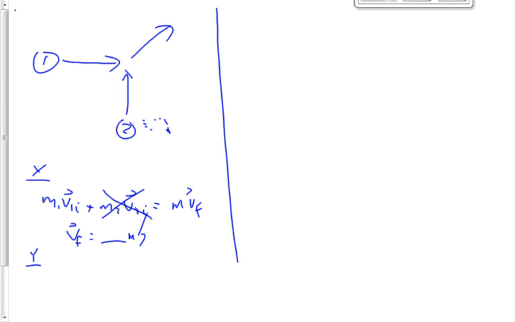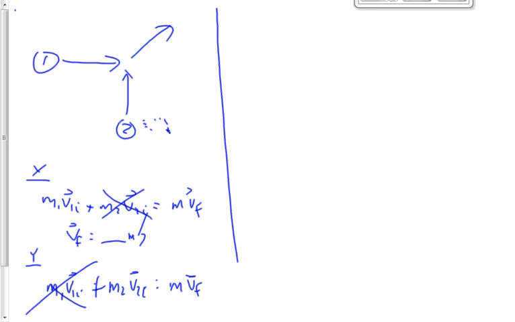Okay, for the y component, we have the same two terms, m1 v1i plus m2 v2i equals mvf. One of these two terms disappears as well. Which one is it? Macaulay, which one disappears this time? Good, how come?